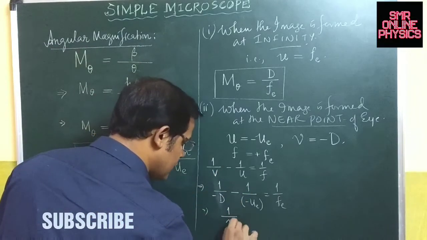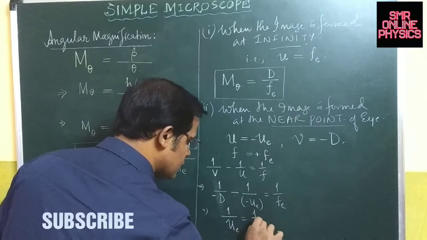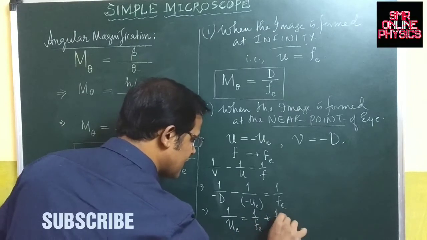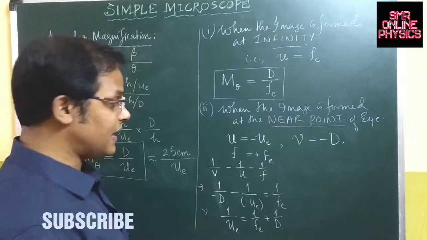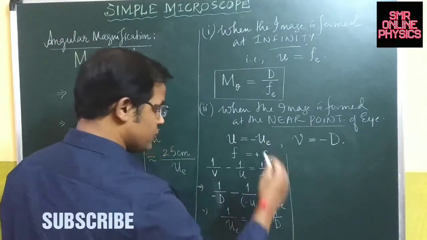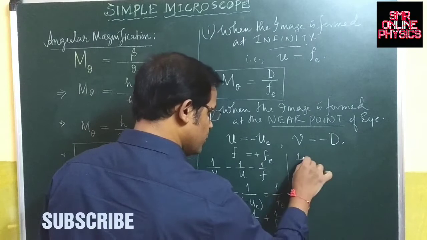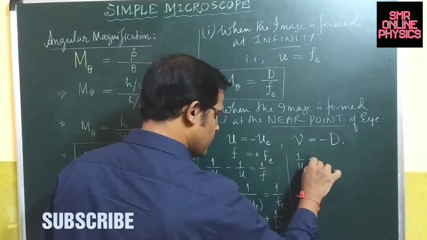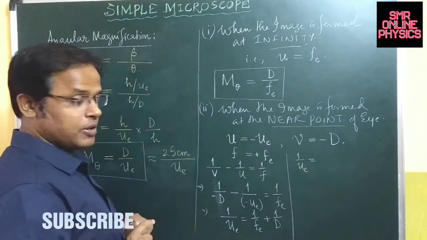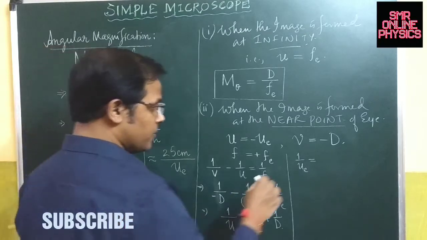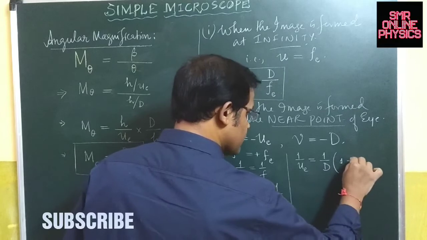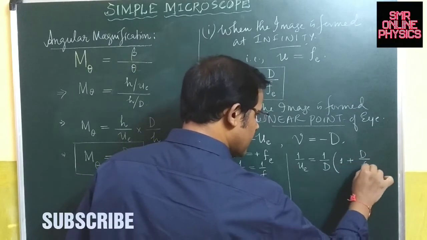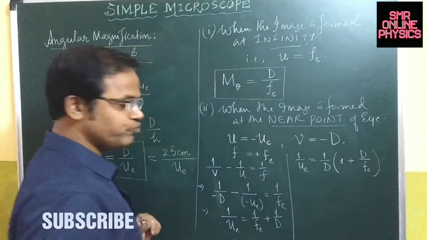So leave it over here and you can take it onto the right hand side. That is what you get. Do not go below that. Then you see that 1 by ue is equal to, if I take 1 by d as common, then I'll find it is 1 plus d by fe.